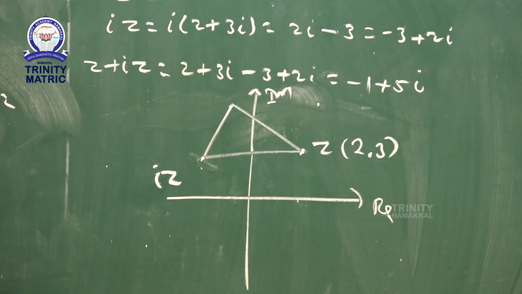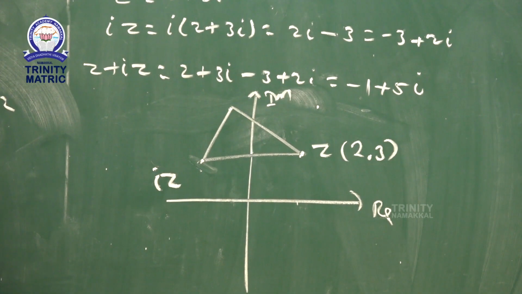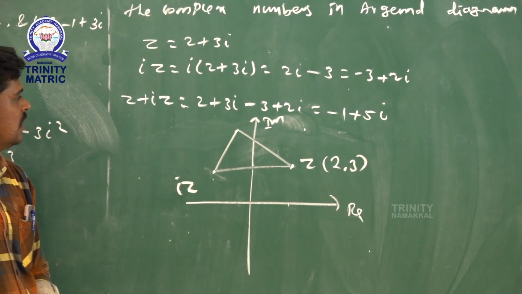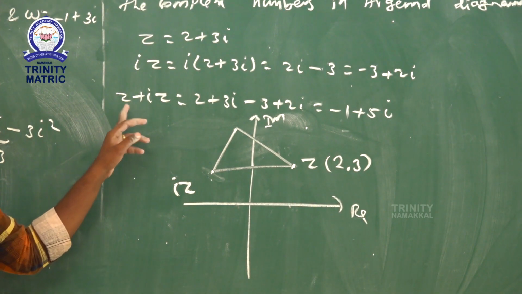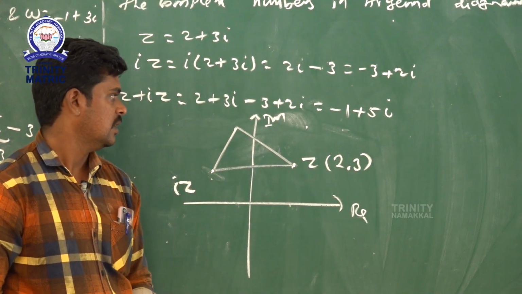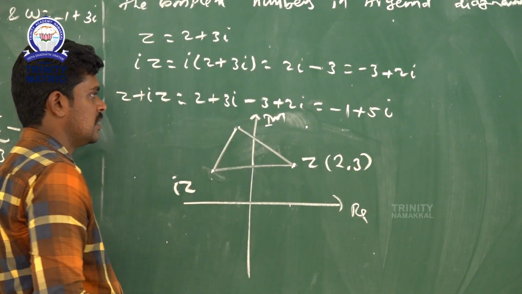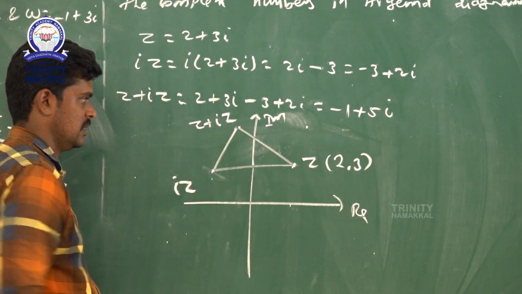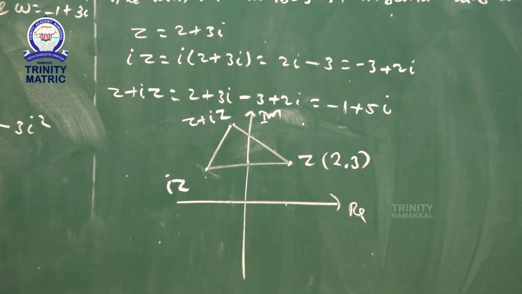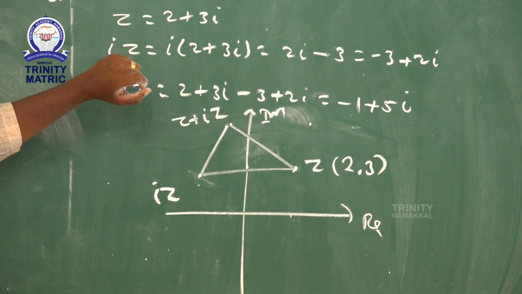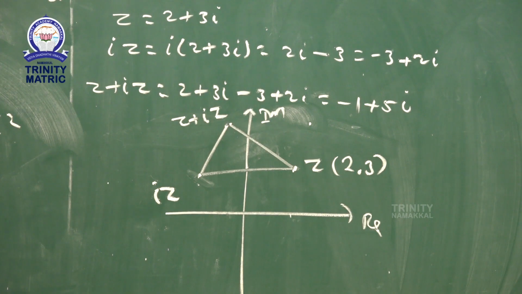Minus 3 plus 2i lies in the second quadrant because the real value is negative and the imaginary value is positive. So iz is here. Next, the third one is z plus iz, which means minus 1 plus 5i. This is also in the second quadrant. So z plus iz also lies in the second quadrant. This is the Argand plane. You can arrange the next question in the same way.